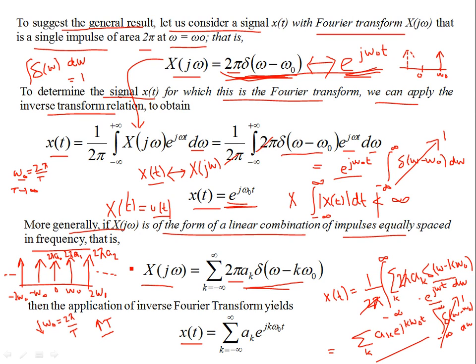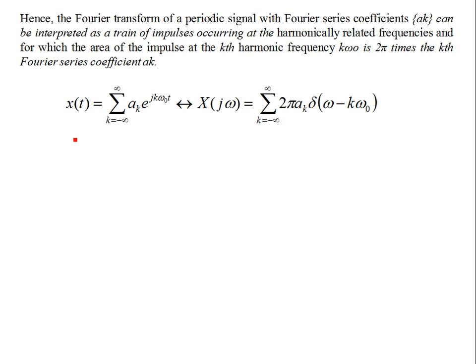And the second one was that the area of these impulses, the strength of these impulses, is not the Fourier coefficients only, but it is also multiplied by 2 pi. Okay, so any periodic signal that is represented by a Fourier series has a one-to-one mapping with the Fourier transform, which consists of impulses occurring at the harmonics of the fundamental frequency. We have strengths of 2 pi a_k, a_k being the Fourier coefficient.